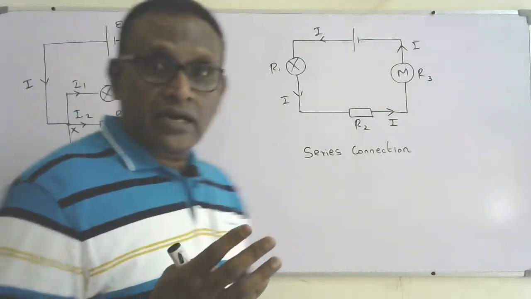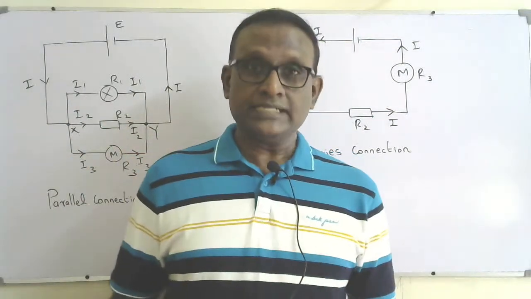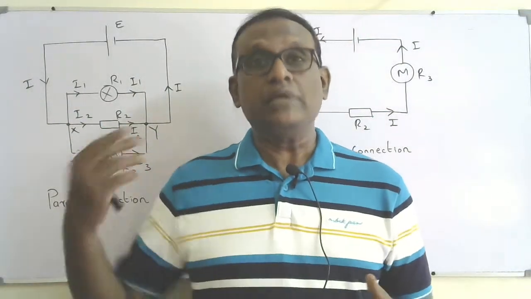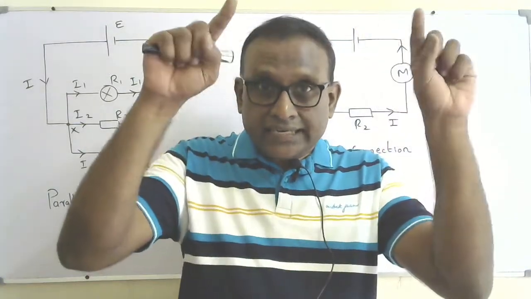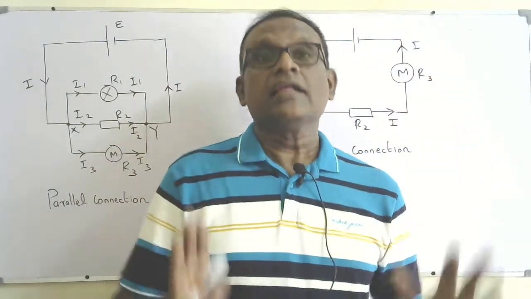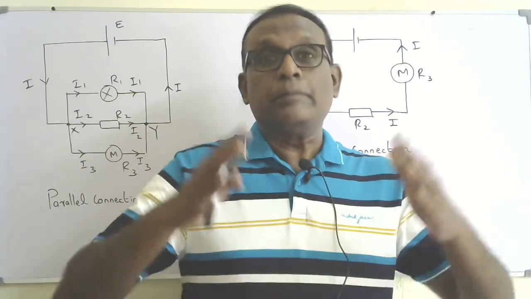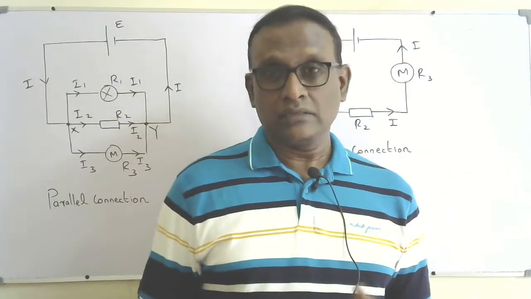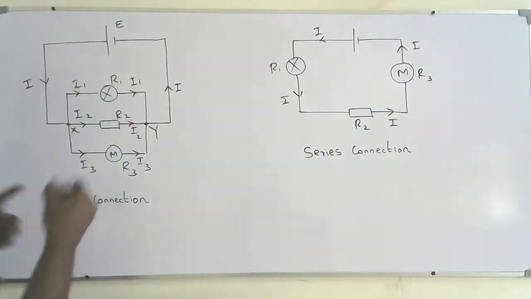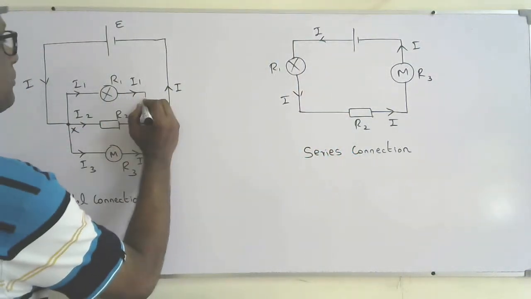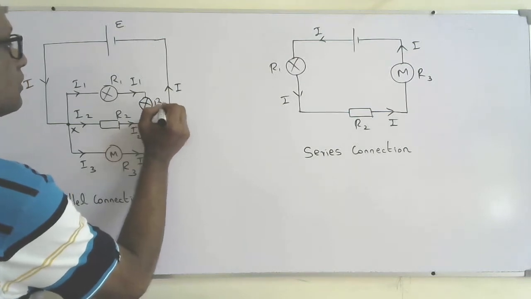So, when there are more than one component connected among them like this, if they are directly connected to the junction, then we say those components are connected in parallel among them. Understand? For example, if there's another component, another bulb, I can call it V2.